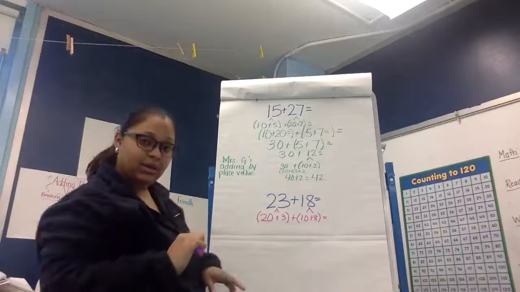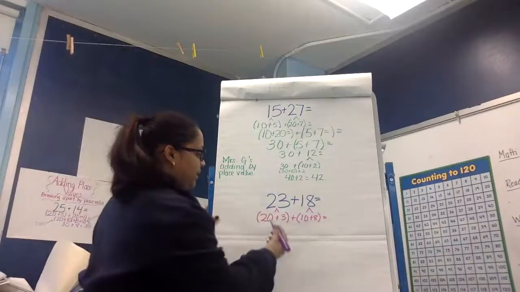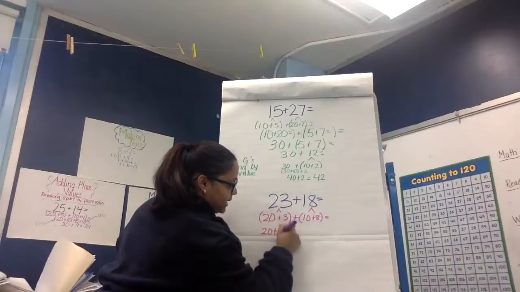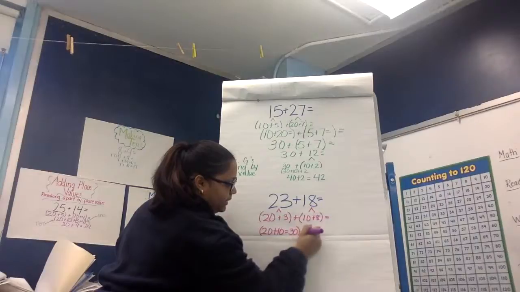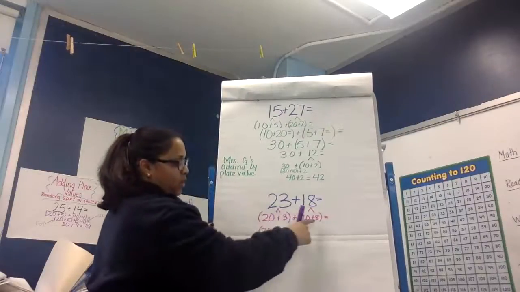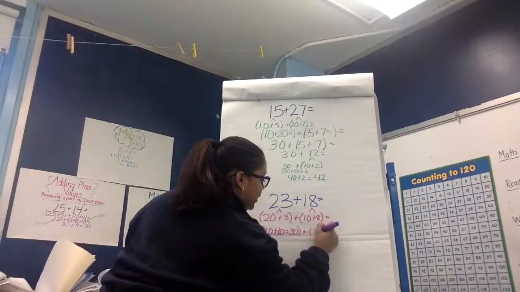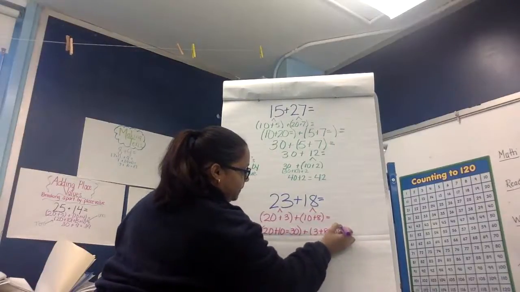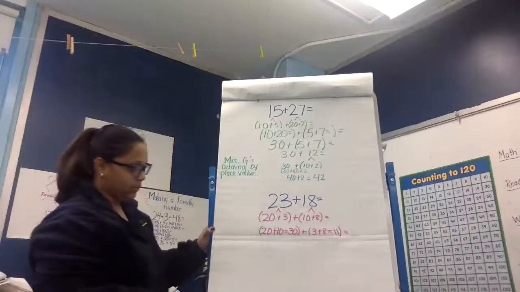I'm going to bring my tens together, so that's easier for me to add. So I have 20 plus 10, which equals 30, plus my ones. So 3 plus 8, which equals 11, equals.